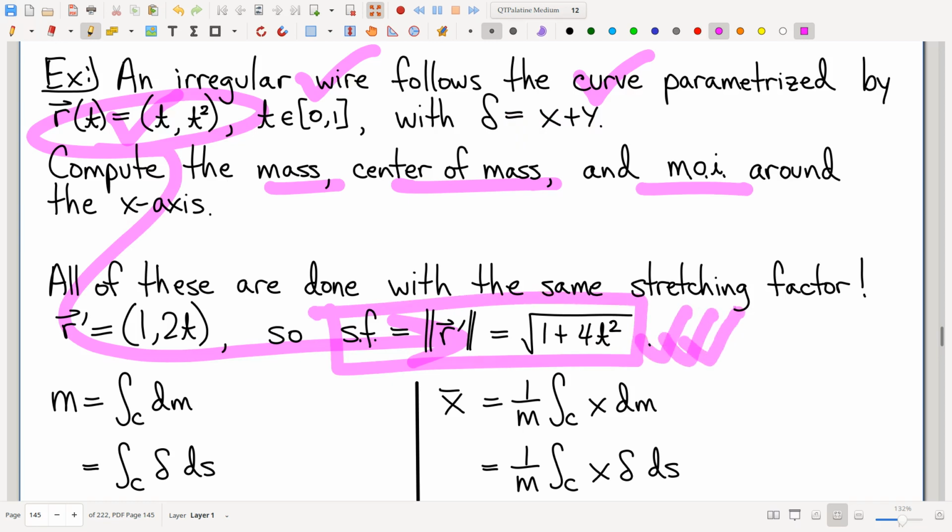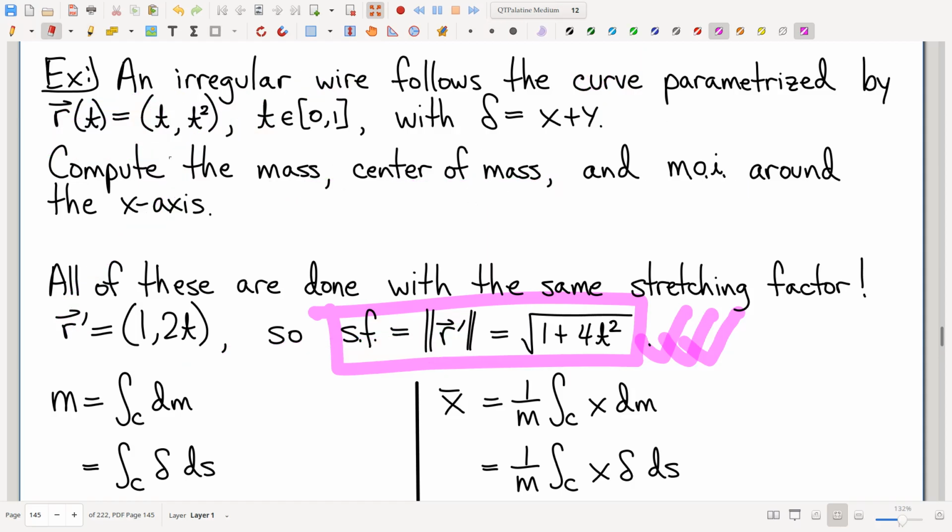Well, good news, because all these questions are using the same parameterization, because it's the same curve, because it's the same wire. That means the stretching factor is going to be the same for all of these questions. So you don't have to recompute for every single computation you're doing, and that's a nice little convenience there.